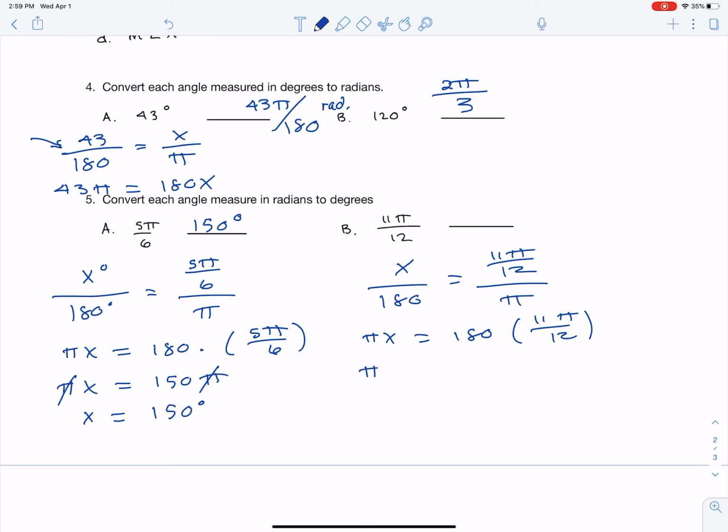So pi times x equals, 180 divided by 12 is 15. 15 times 11 is 165. So 165 pi. Dividing both sides by pi, I get x equals 165 degrees. And that's part 2 of the review.